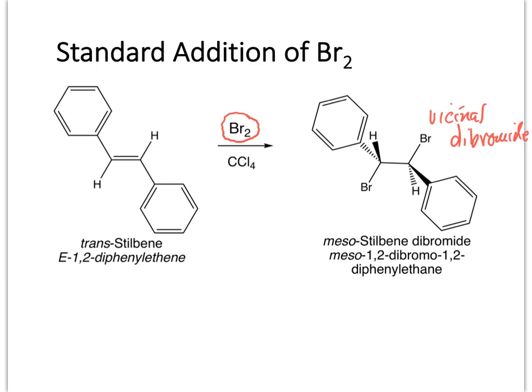A second problem has to do with the solvent, the carbon tetrachloride. Now, carbon tetrachloride has been found to be carcinogenic. Now, it's not carcinogenic in small amounts, but it is carcinogenic in large amounts. It used to be used in dry cleaning.